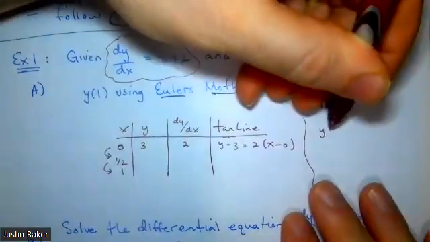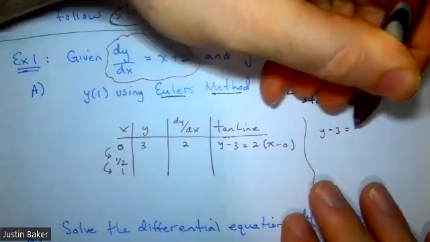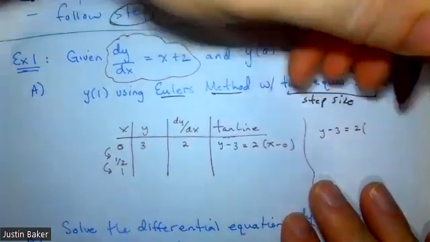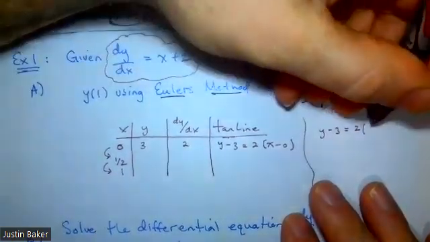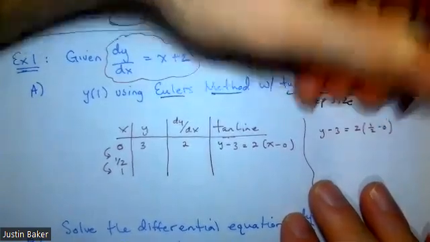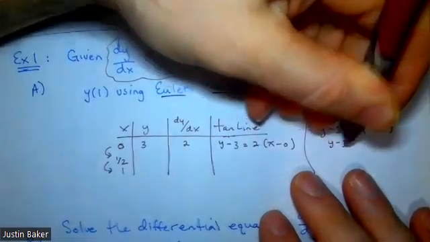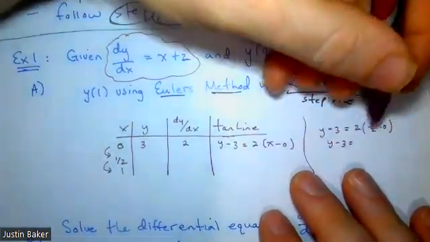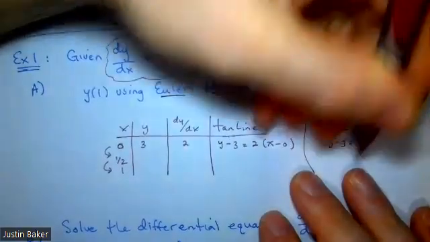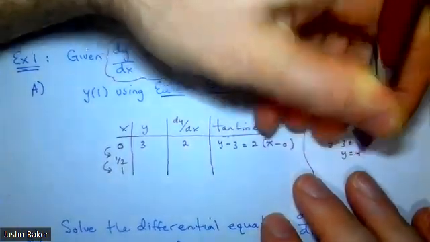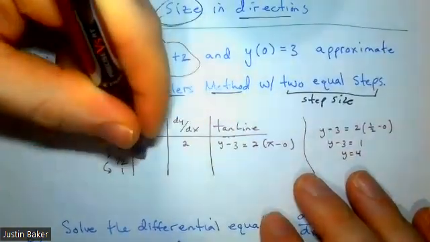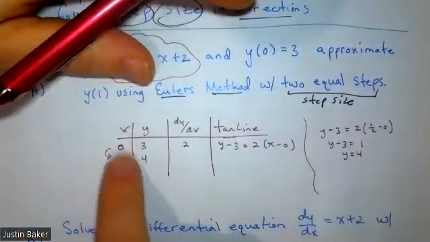So y minus 3 is equal to 2 times 1/2 minus 0. And we're going to solve this out. So y minus 3 is equal to 1, y equals 4.